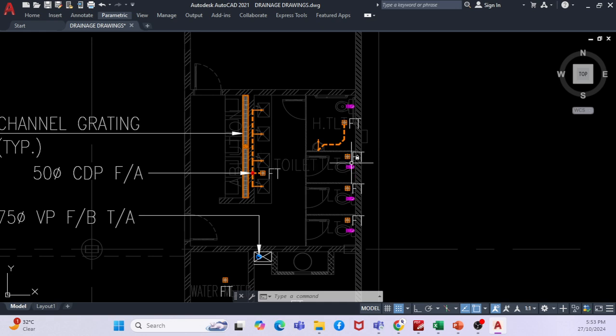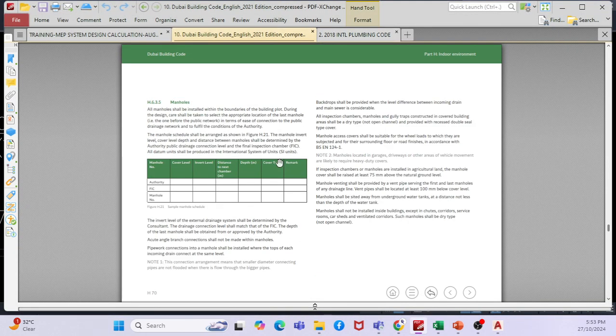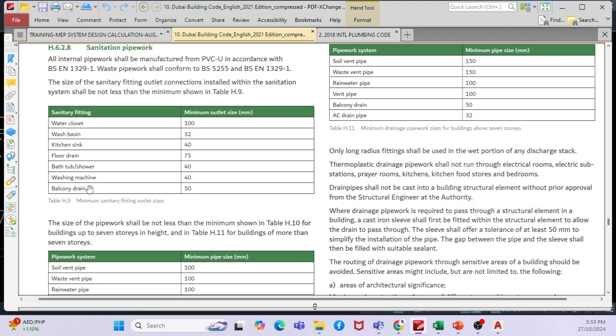Okay, but I will go to the local standard. What does it say for the wastewater pipe? I have to use a minimum of 100 mm, right? Say for example, if I go to the local standard, for the WC I will be using 100 mm as a minimum.